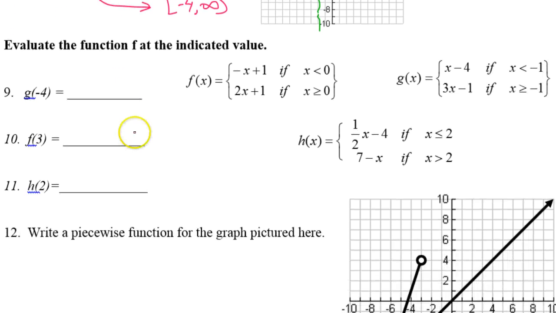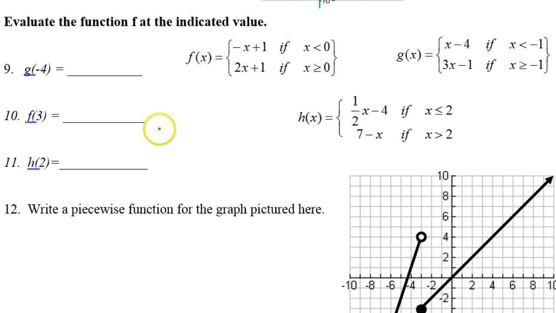Okay, evaluate the function at the indicated value. So you have to pay attention to the letter. This says g, so I need to be looking at function g right here. Now, these are x values, so this is an x value of -4. We're going to plug it into only one of these, not both. The domain restriction will let us know which one to use.